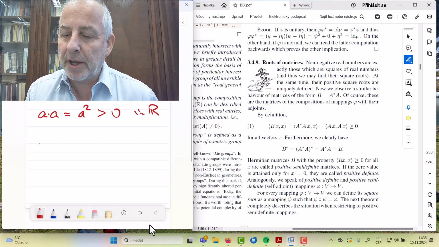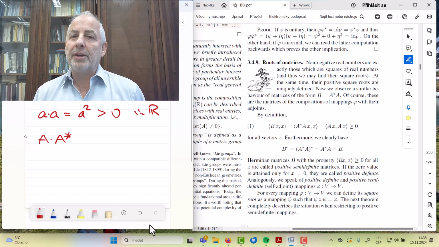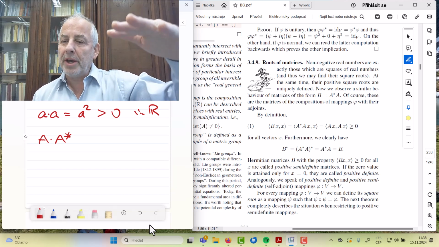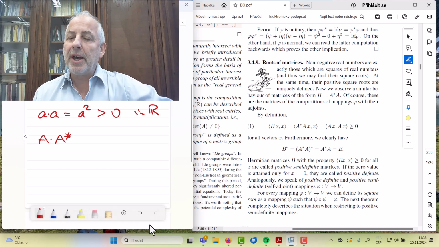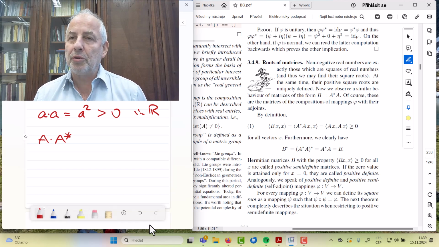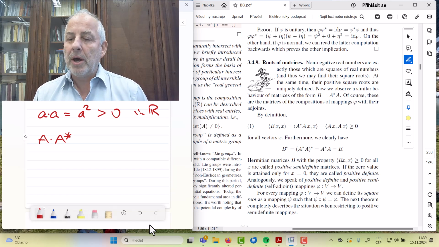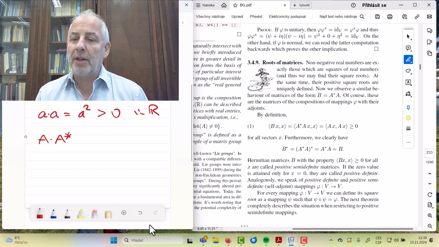But if I take A times A star, so recall that A star means I use both operations I have at my disposal, so I can conjugate the complex matrix A and I can transpose it, right? In case A was unitary, then this gives you the inverse. If it was self-adjoint, it gives you the same A. And such a matrix is always self-adjoint, right?